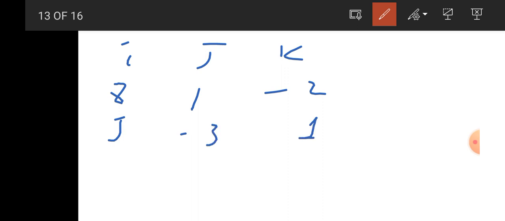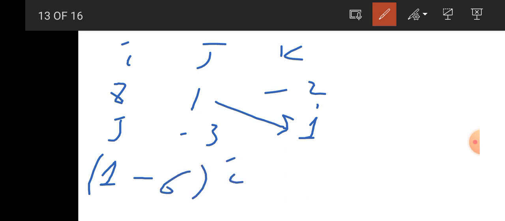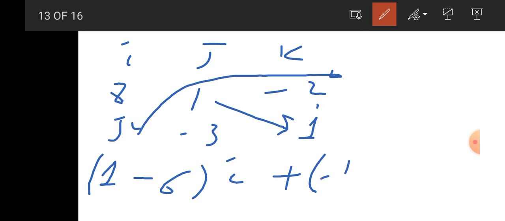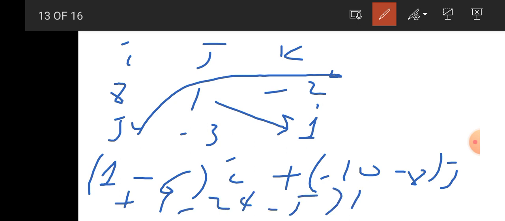So A cross B is equal to 1 times 1 minus 2 times minus 3, that is 6 in the I, plus minus 2 times 5, that is minus 10, minus 8 in J direction, plus minus 24 minus 5 in the K direction.